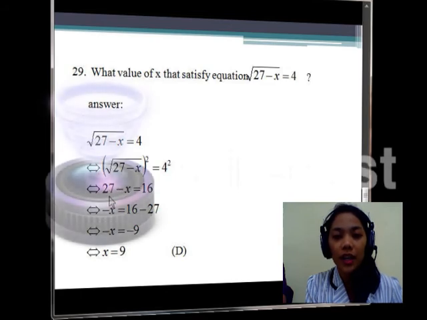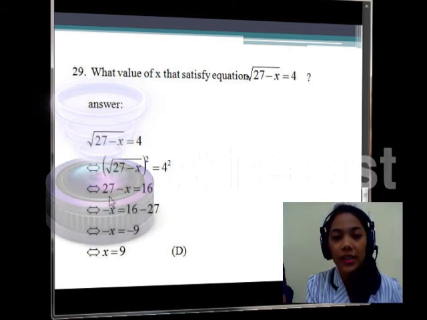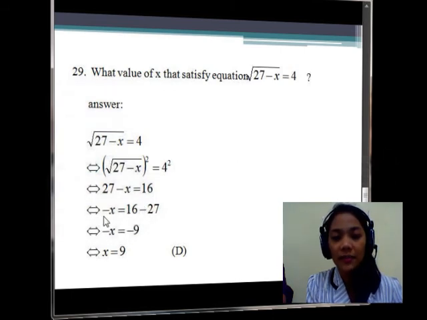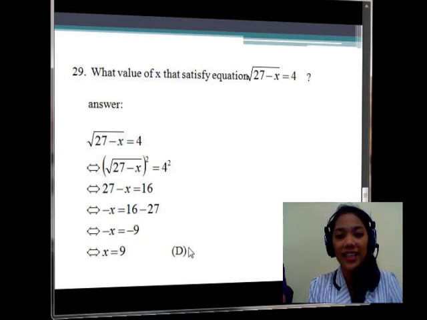So just simply cancel out the 2, so it becomes 27 minus x equals 16. 16 is coming from 4 squared. So there you have negative x equals 16 minus 27. Negative x equals negative 9. That's why x equals 9. So the answer is letter D.